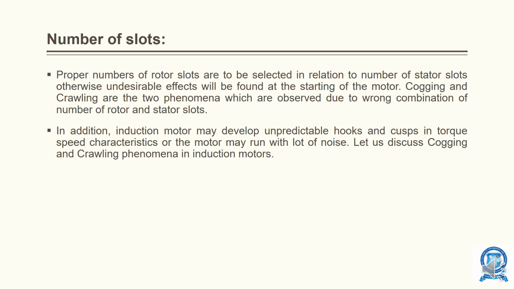So while fixing the number of rotor slots, we need to consider the stator slots too. In addition, the induction motor may develop unprescribable hooks and cusps in torque-speed characteristics, or the motor may run with a lot of noise. Let us discuss one by one.